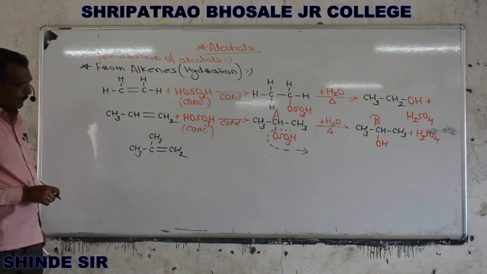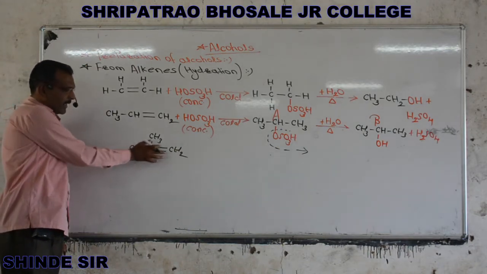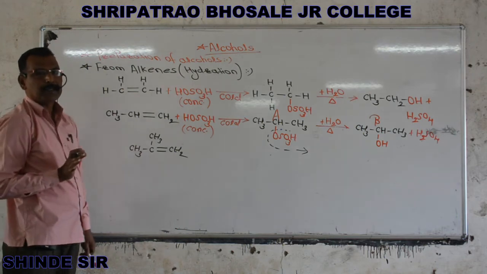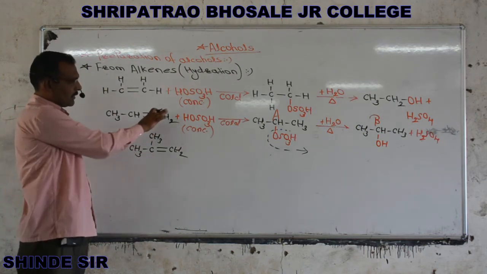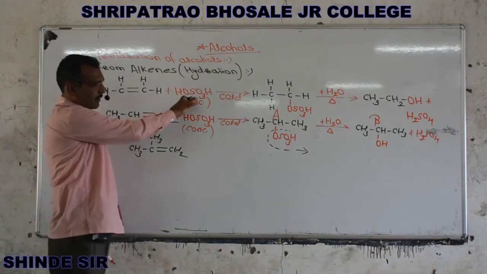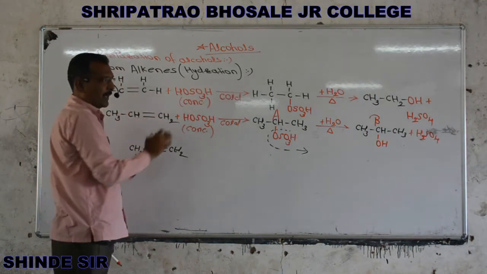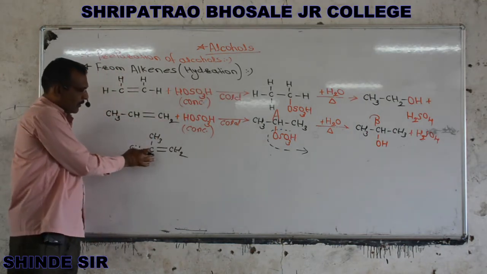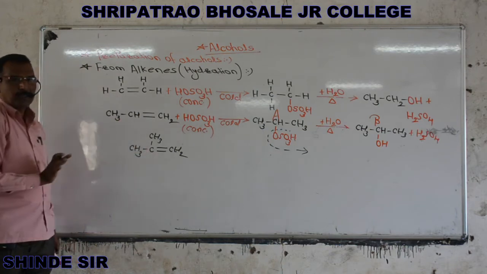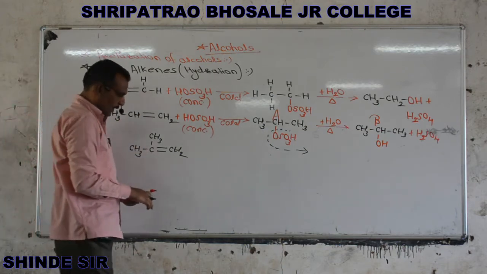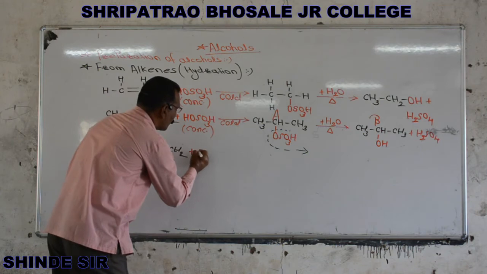What happens here is that direct addition of a water molecule takes place. There is no necessity of first adding sulfuric acid and then hydration, because the reactivity of this alkene is greater. And so direct addition of a water molecule takes place.